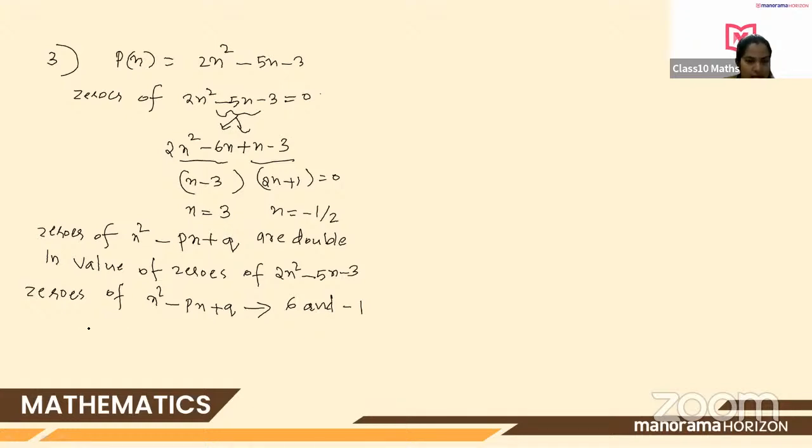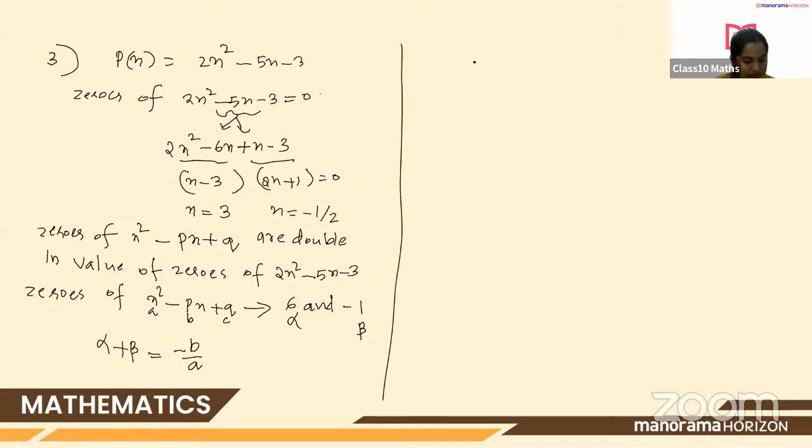Take them as alpha and beta. Then alpha plus beta, the sum of zeros, is equal to minus b by a. Here this is a, this is b and this is c.